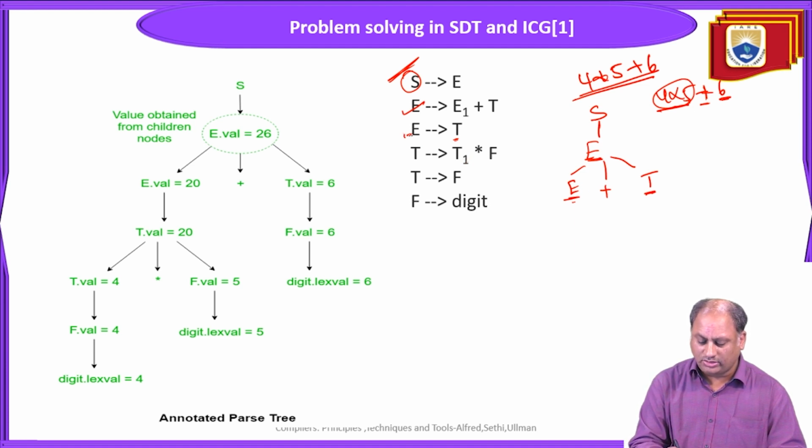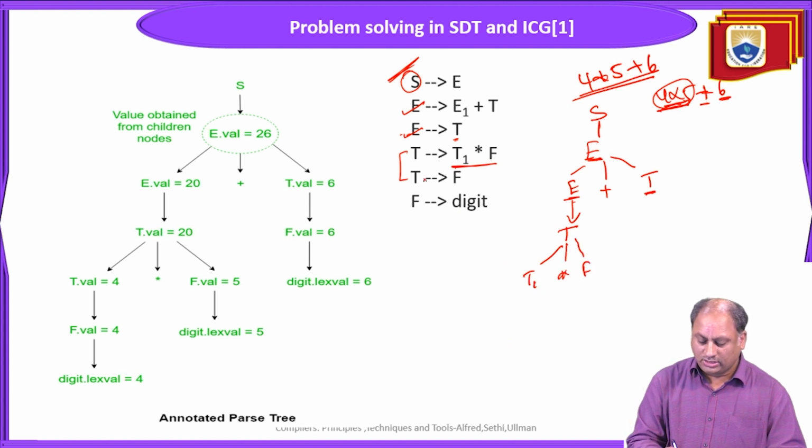That's why we take E derives T for this one. Once again we need to get the expression 4 star 5, so what T is required? T is available in two places, but the requirement is T star F, so we have considered T1 star F.